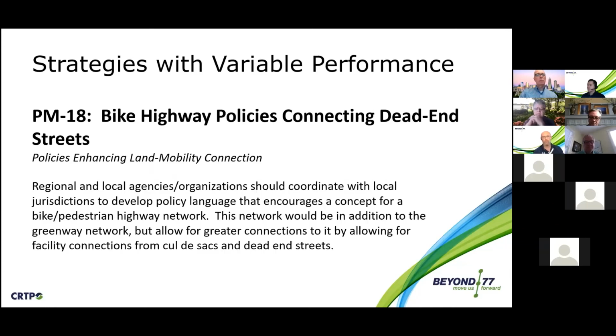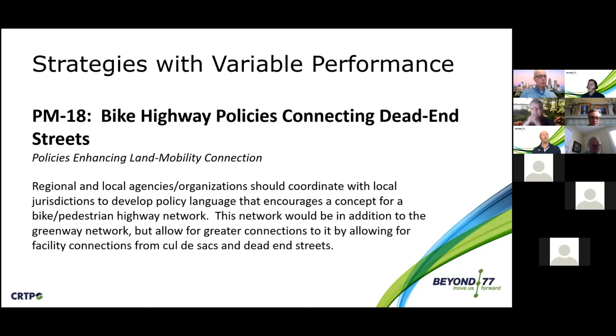Yep. Another one to talk about is, this is an interesting one, comes out of an experience that one of our team members had living in another country for a while, but this is encouraging a policy to allow bike highways to exist, and that would be to connect dead-end streets, either through a regional effort or starting locally and trying to expand and creating that network, whether that's connecting the greenways and existing infrastructure, but really allowing those rights of way to be utilized better, and then encourage more utilization for pedestrians and cyclists.